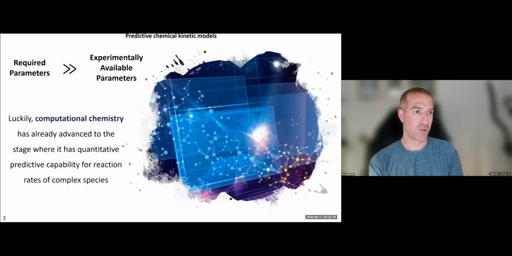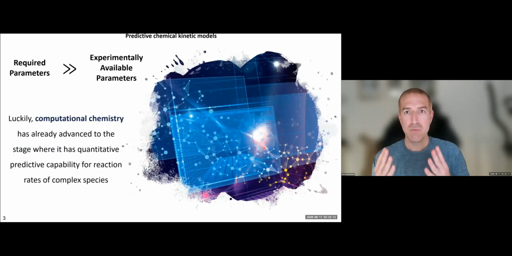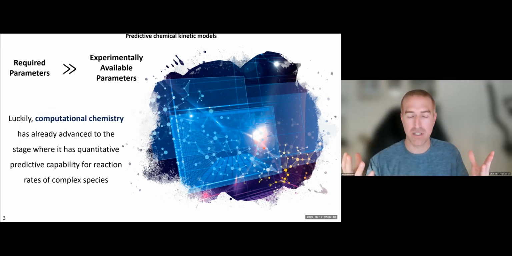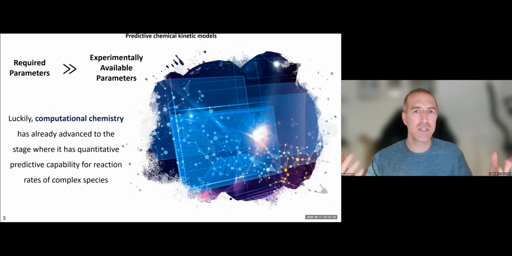The known problem, of course, is that the number of parameters that we need in order to make a prediction onto a reactive system and understand all the intermediates and the cross reactions, well, that number is simply much greater than what's available to us experimentally from what we can actually measure. We can't measure all rate coefficients.